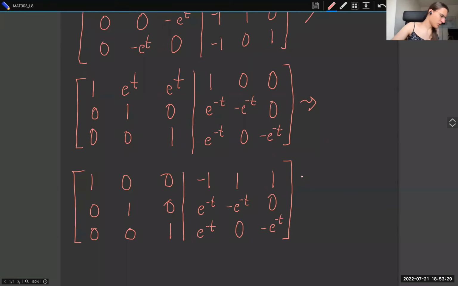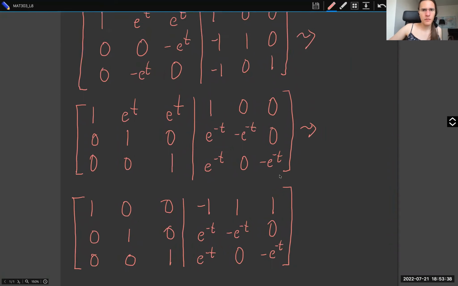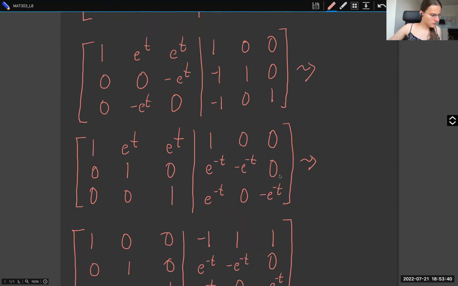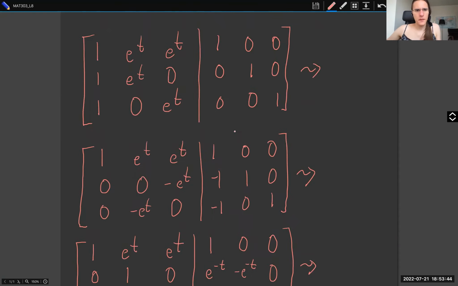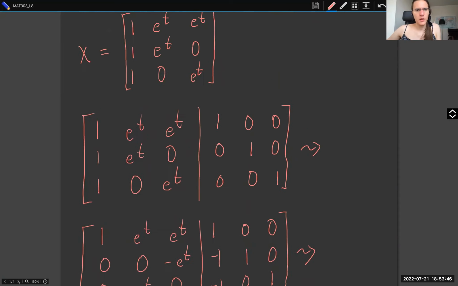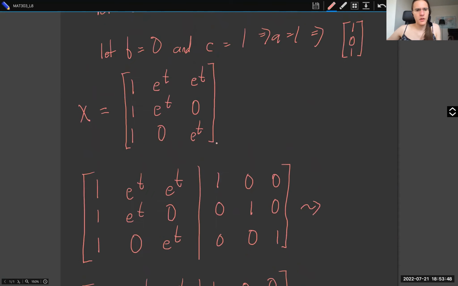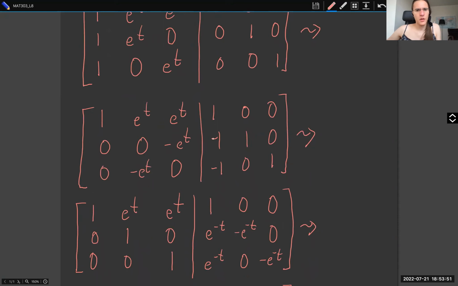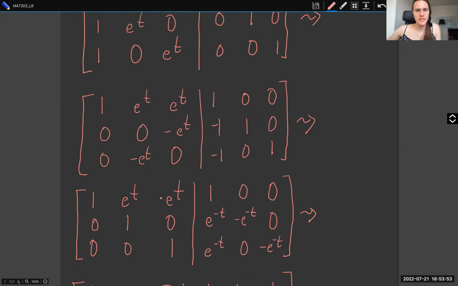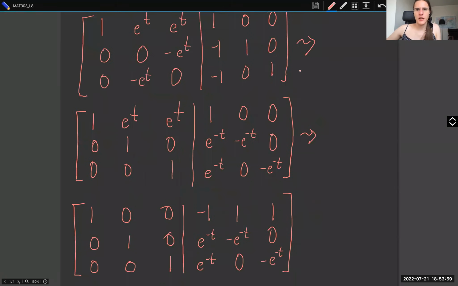Let's see if I did this conversion correctly. Negative 1, 1, 1. Oh, I have 1 second. When I swapped these entries they should have swapped as well, because I moved these around.